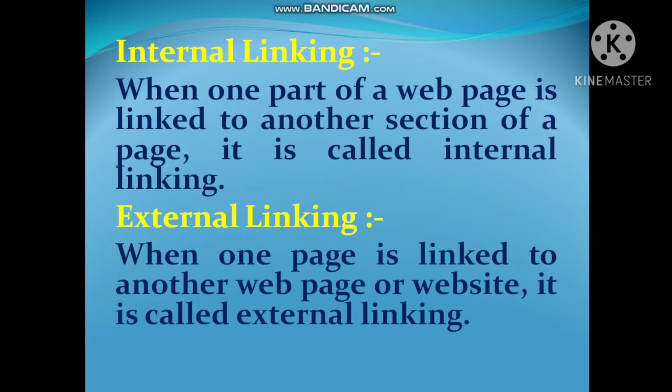External linking: when one page is linked to another web page or website, it is called external link. That means if you are using a link to another website, that means HTTPS, you are using other web pages, that is called external linking.